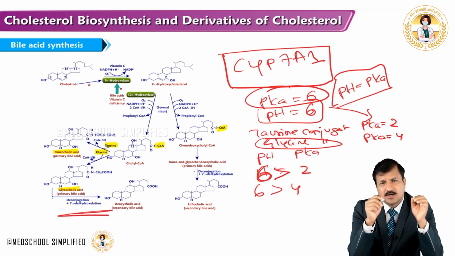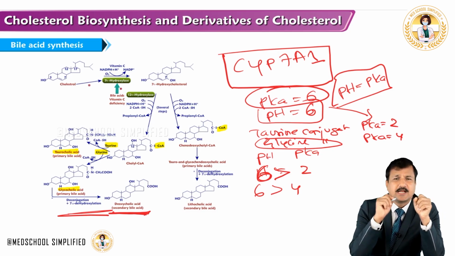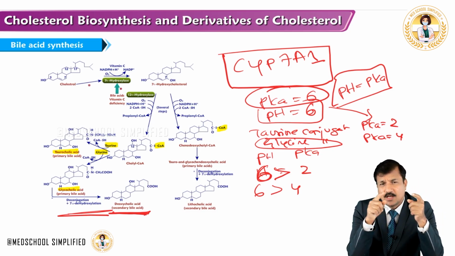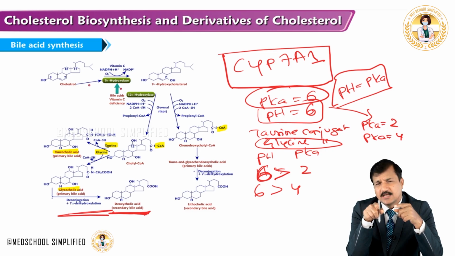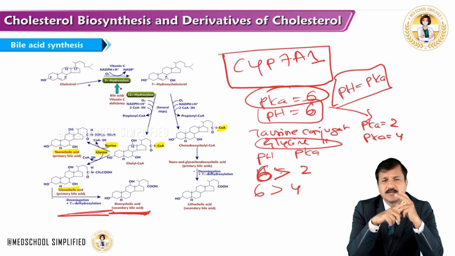After the deconjugation and 7-alpha dehydroxylation, cholic acid, that is glycocholic acid and taurocholic acid, they all will form deoxycholic acid. That is a secondary bile acid after the action of bacteria. On the chenodeoxycholic acid side, they will become lithocholic acid, and that is the secondary bile acid. So we have 2 secondary bile acids, deoxycholic acid and lithocholic acid.